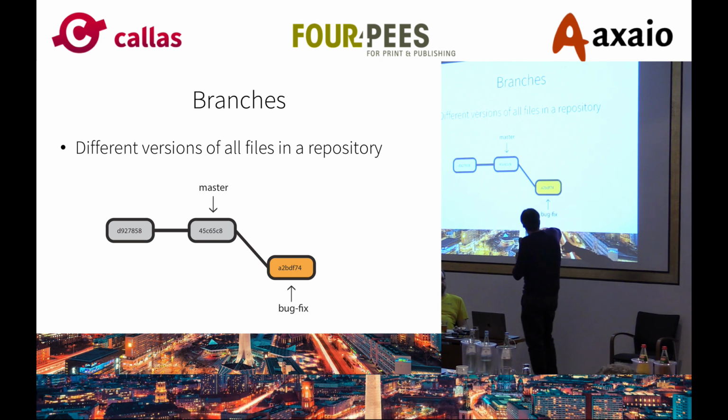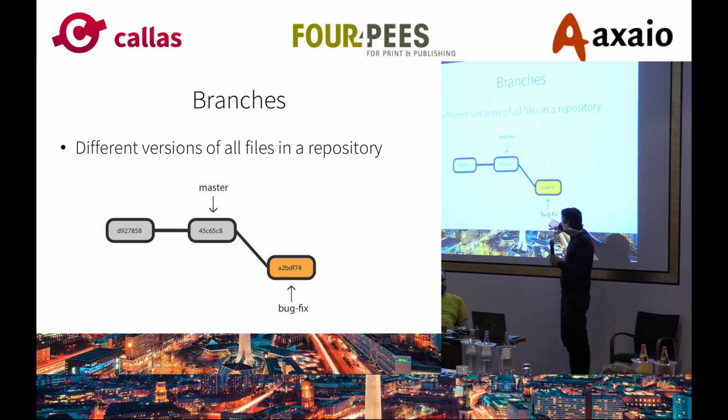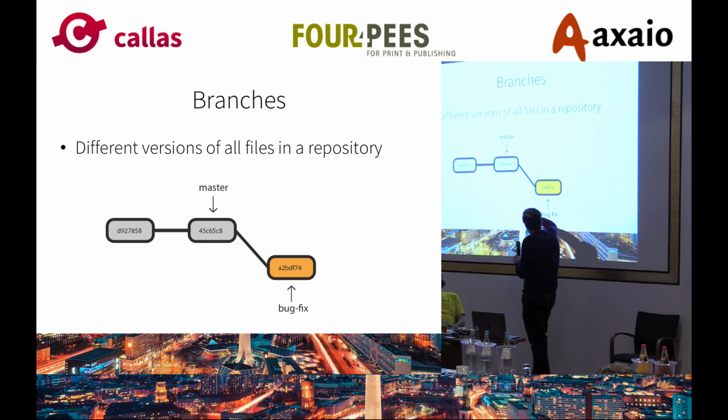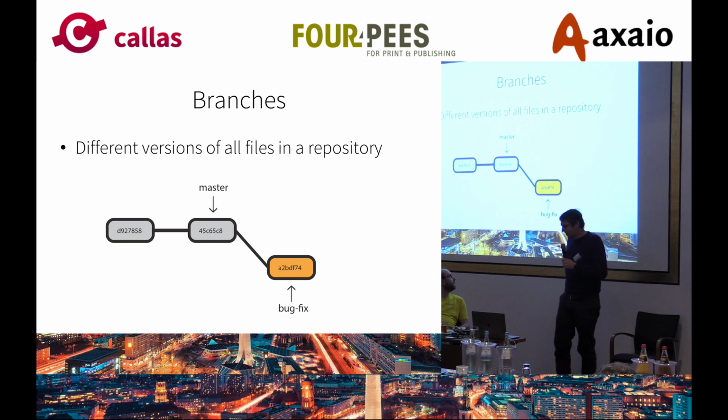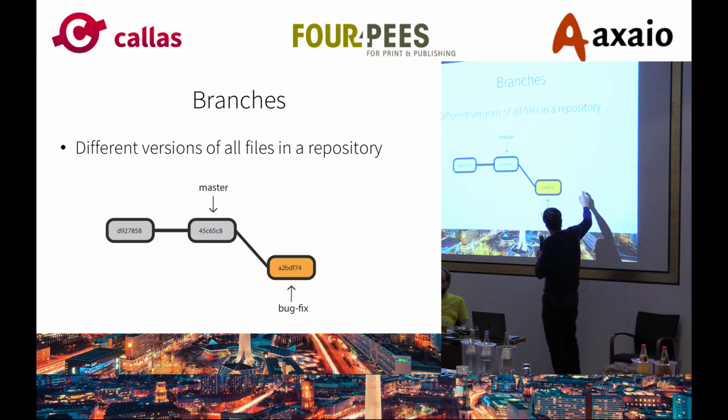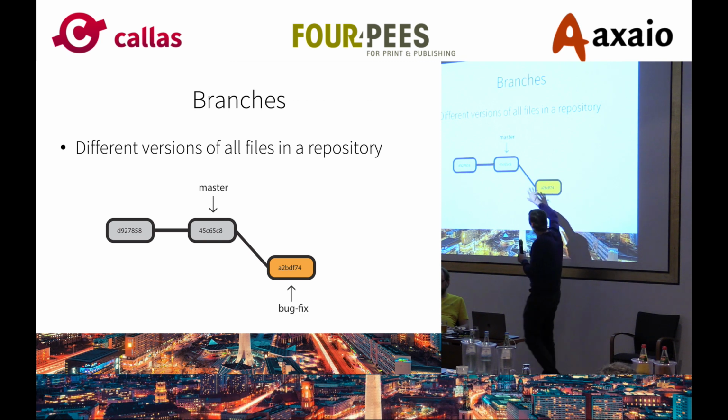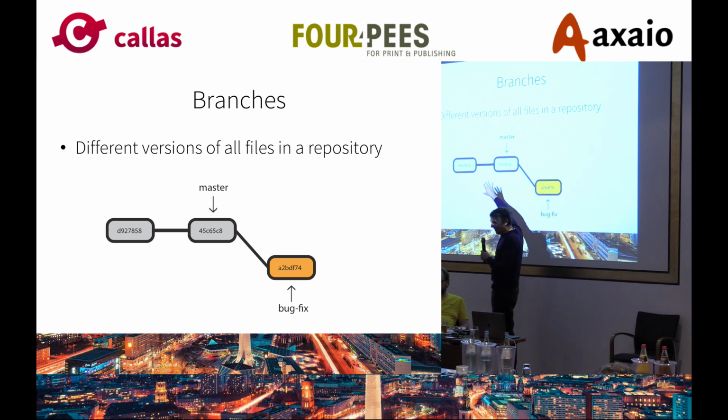So in this case, I just create a new name. It has a pointer. I have a new repository again. This square reflects all the files in the repository, not just one file. So that's my master, and I have a bug fix branch, for example. So I can work on that. I can create new revisions here. So each of these squares is a commit.